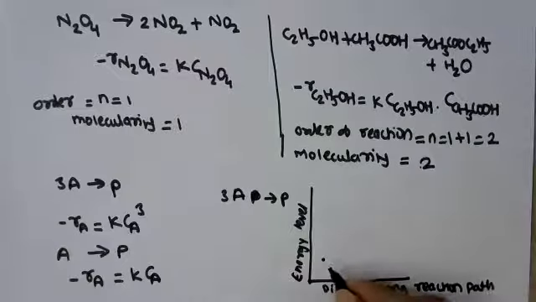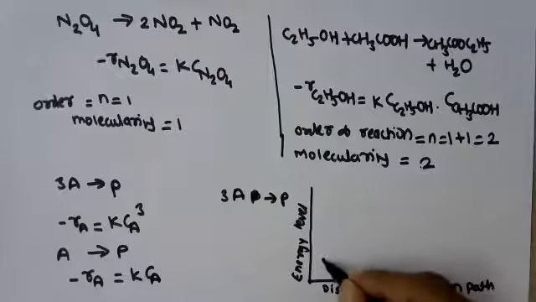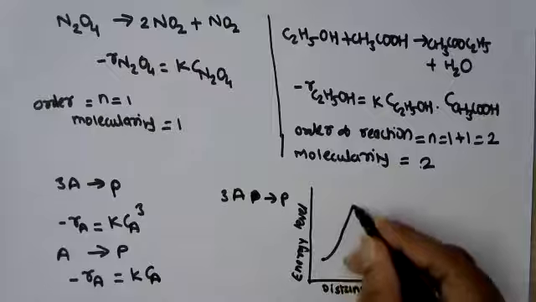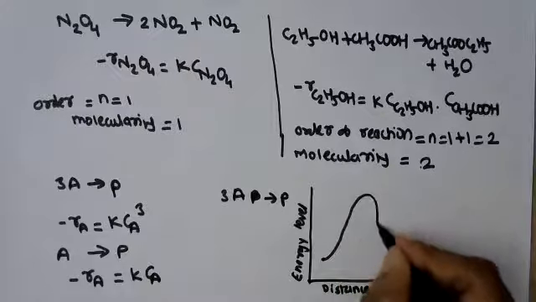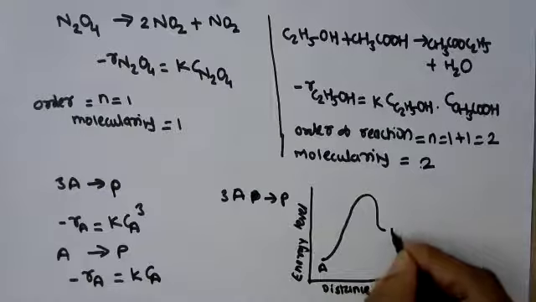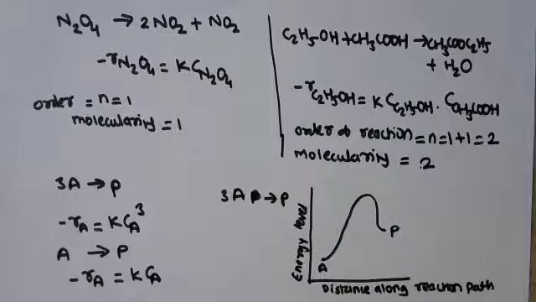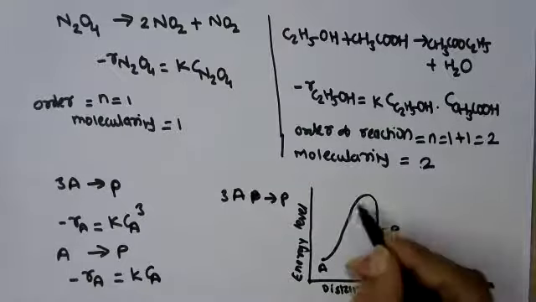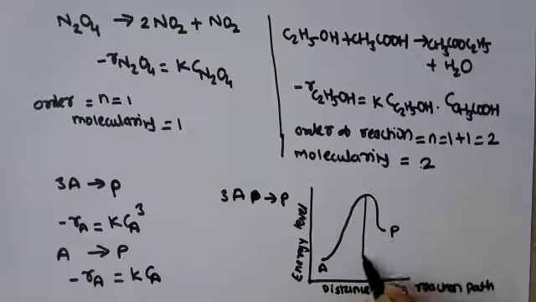When the reaction is started, depending upon whether it is exothermic or endothermic, say you have started with reactant A and now you are ending with product P.